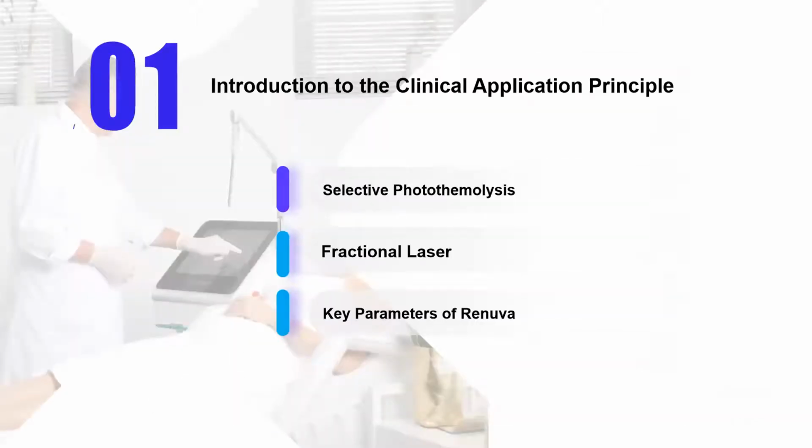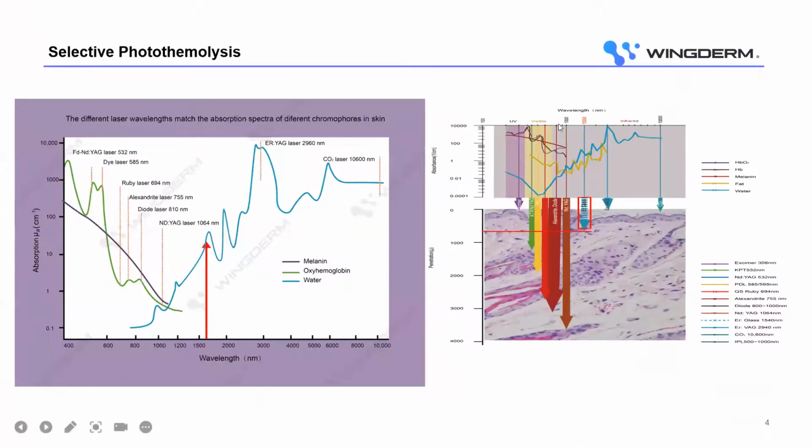For the first part, it's about the selective photothermolysis and fractional laser key parameters of the Renuva. Based on the selective photothermolysis theory, from this photo, the 1550 absorption of the melanin and the HbO2 is relatively low.